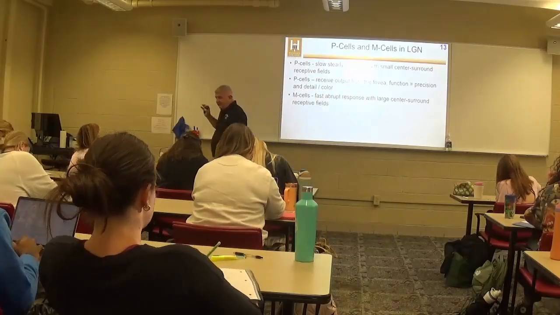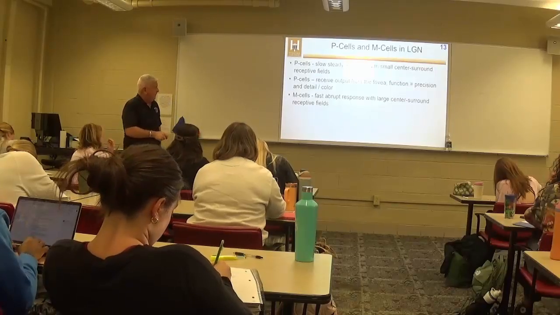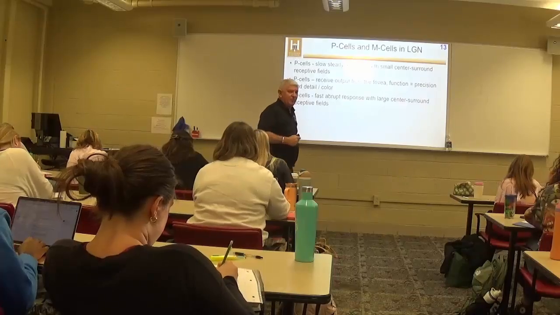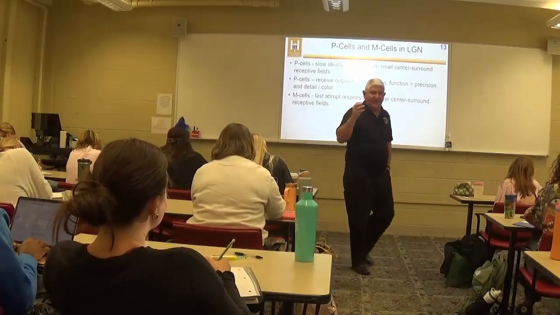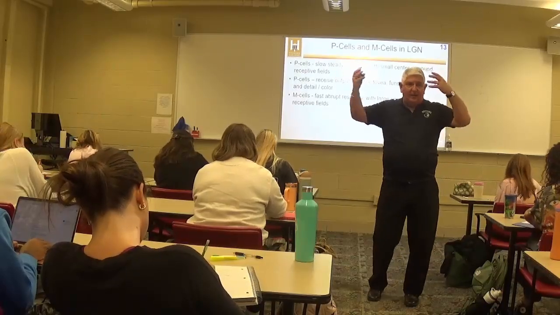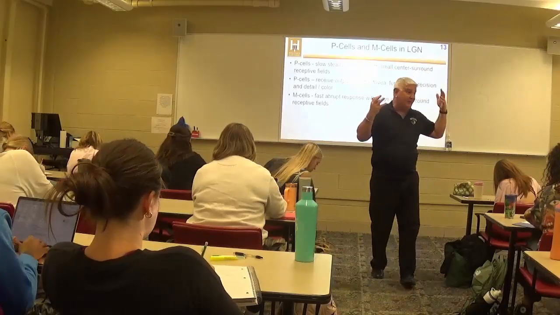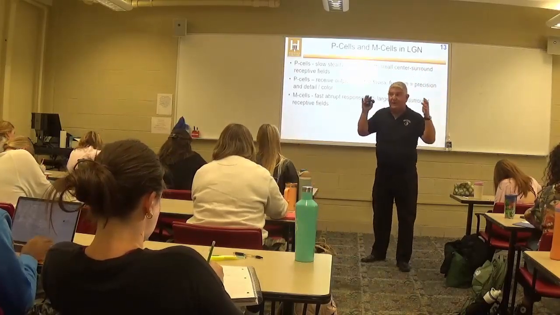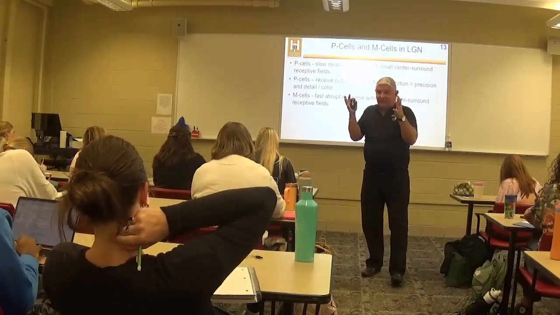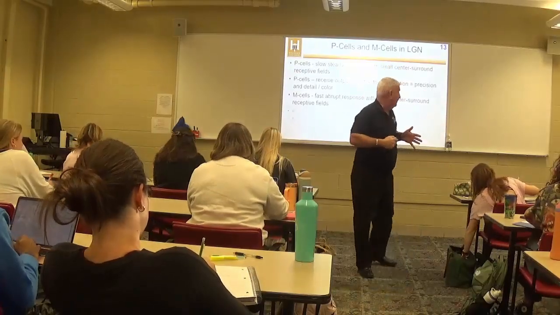M cells typically have more abrupt responses with large center-surround receptive fields, and they're very responsive to movement. So associate the M of magnocellular with movement. A lot of what's going on in the periphery is we're looking for movement, and then the superior colliculus is reflexively putting whatever's moving on our fovea, shifting it so that now we can see what that is.